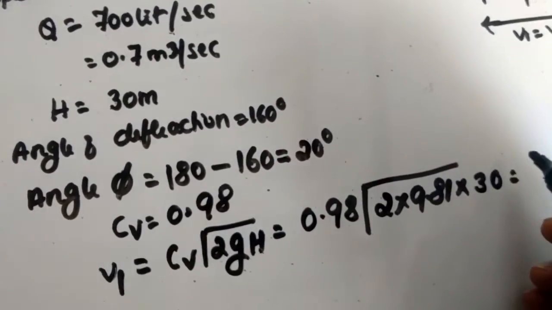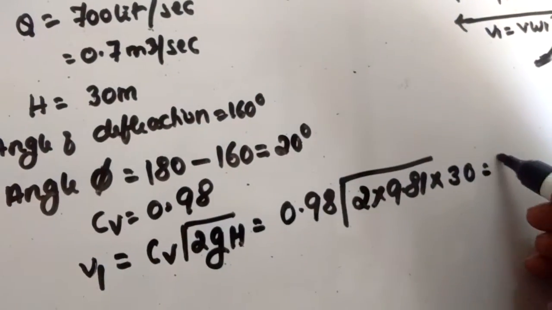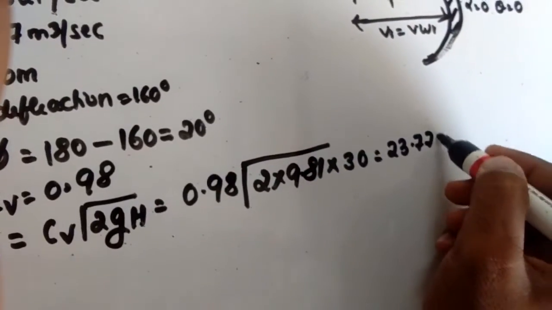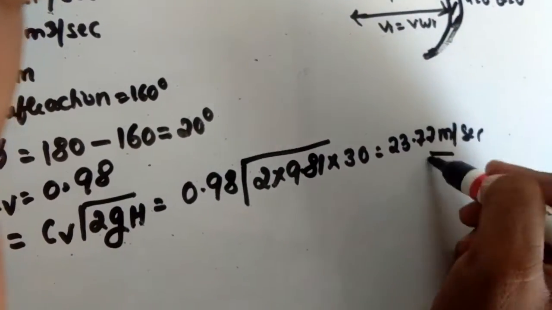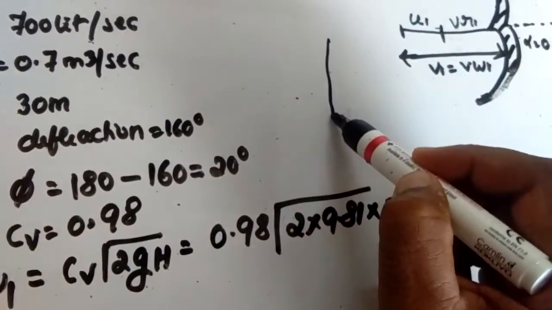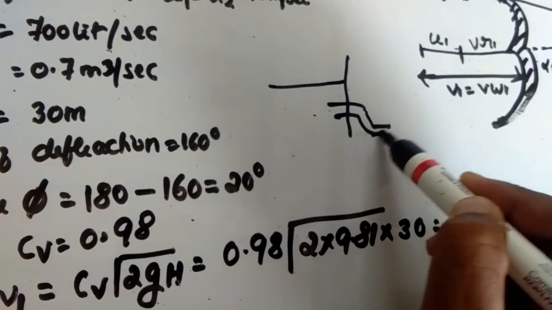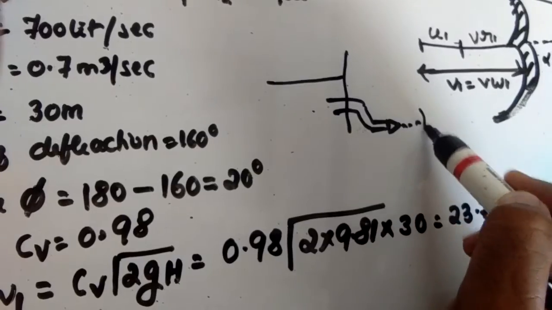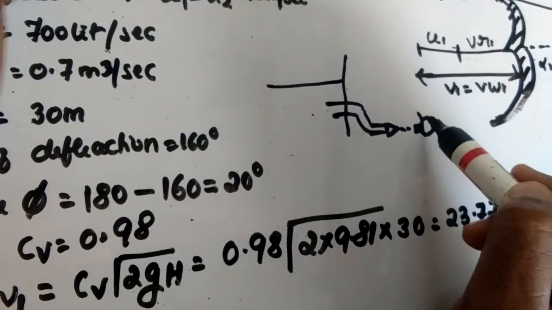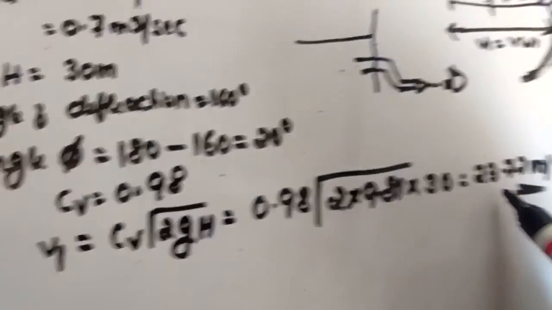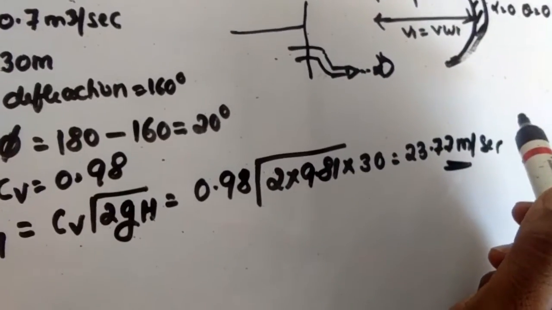So the velocity of the jet is 23.77 meter per second. The velocity of the jet means the water stored here flows from the penstock pipes and strikes here. So what is the velocity of the jet when it strikes the bucket? That is 23.77 meter per second.